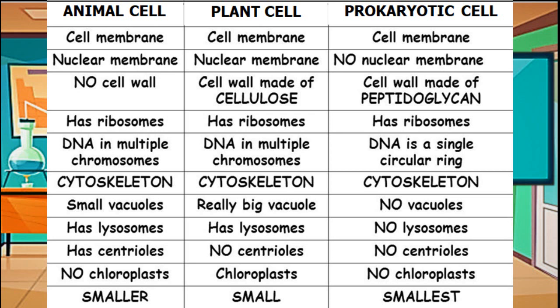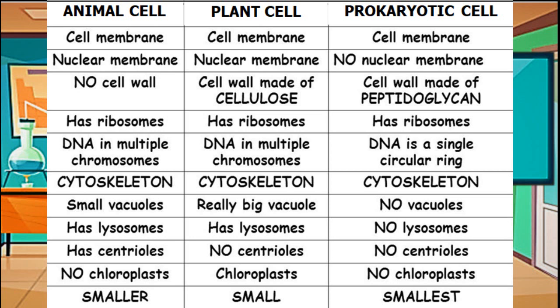Take note that both the animal and plant cells are eukaryotic cells. Let us first tackle their similarities. All three of these cells have cell membranes, ribosomes, and cytoskeletons. Now, let's discuss their differences.